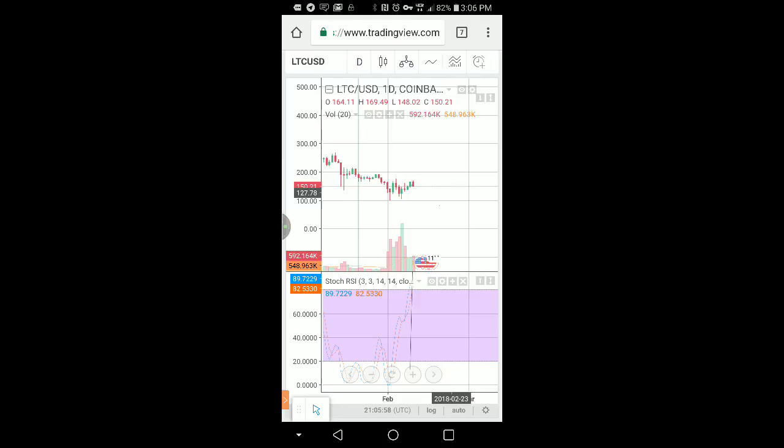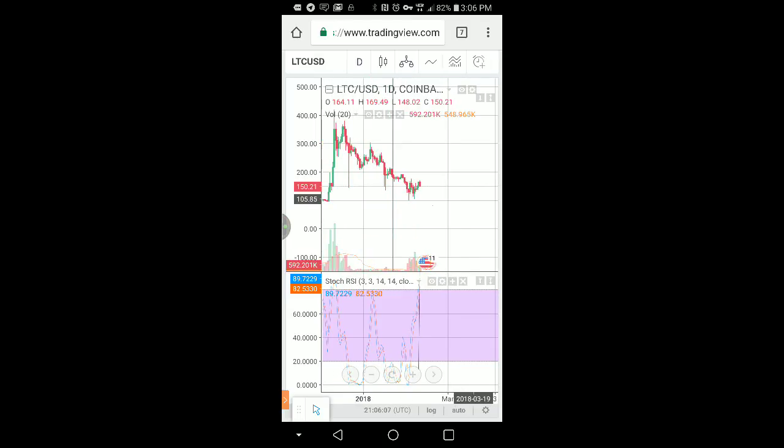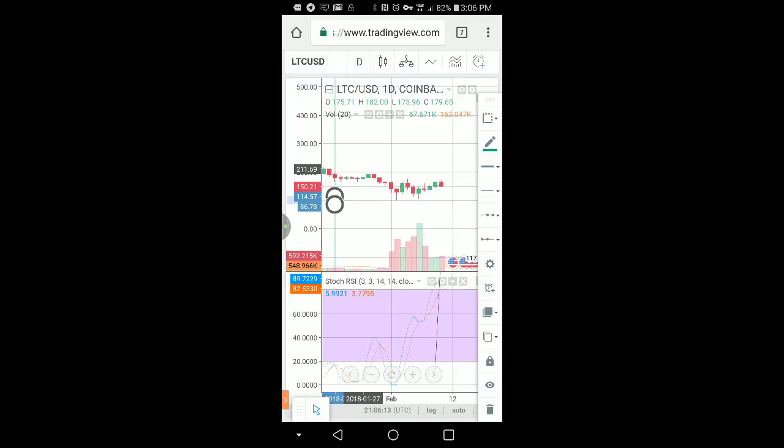What we're looking for, even though that looks like a reversal as well, I need to see some confirmation on this daily chart before I get all excited and buy some more.